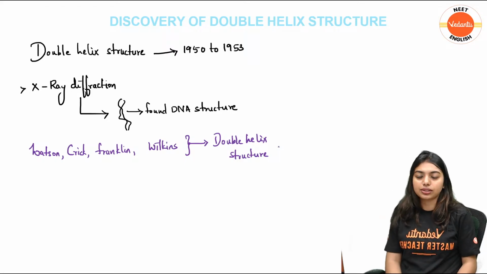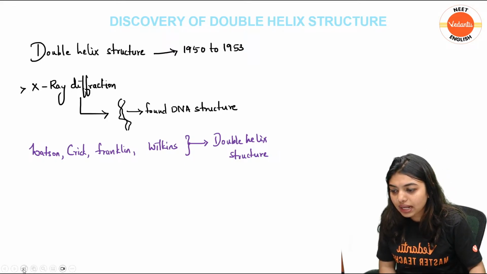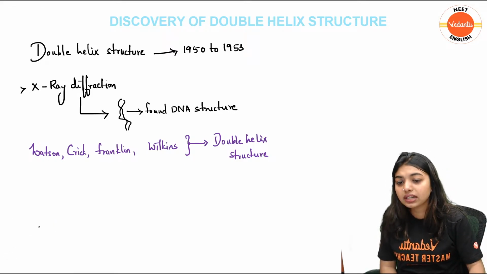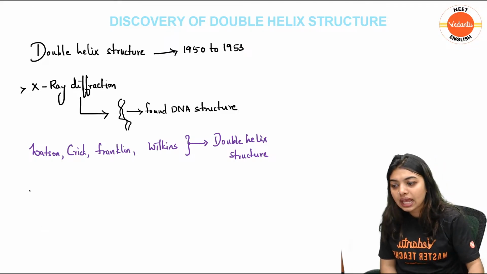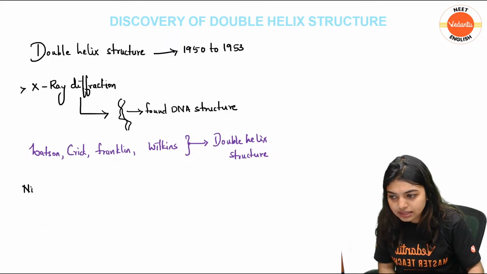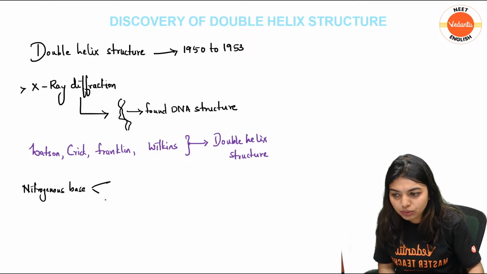Yes, they did find it, but after the double helical structure was found, they understood one more thing: that the nitrogenous bases are the reason why this double helical structure is actually present. Nitrogenous bases means who and who? Purines and pyrimidines.